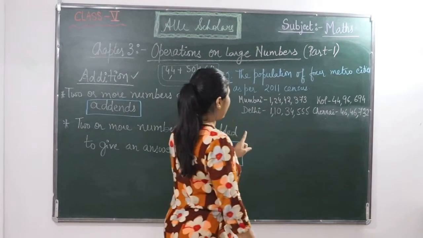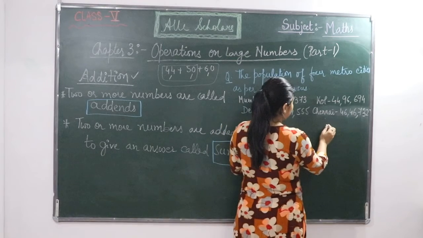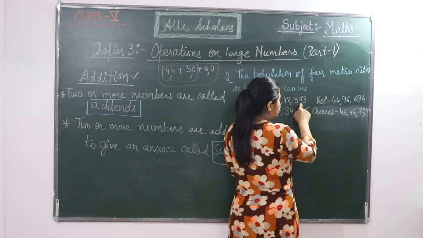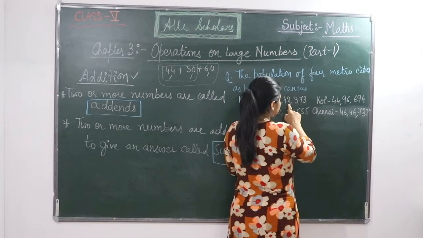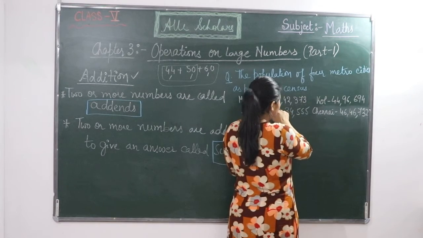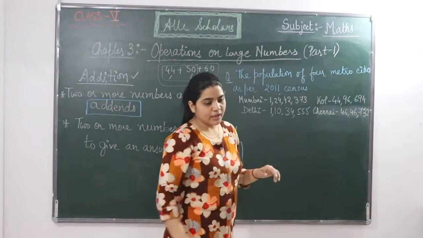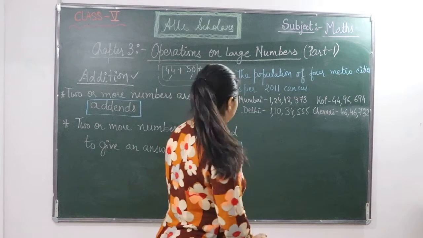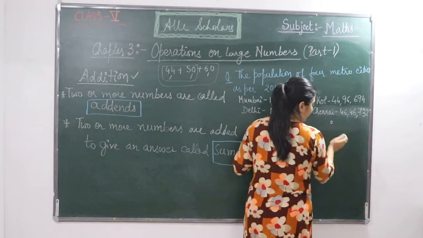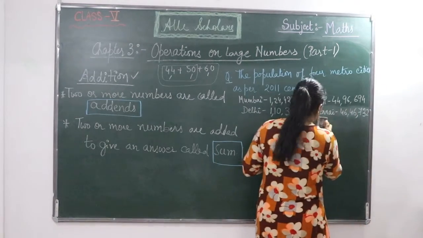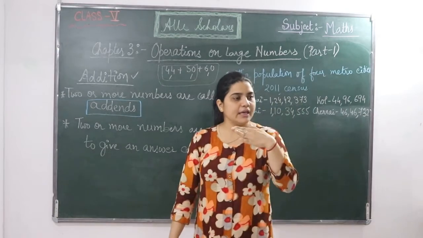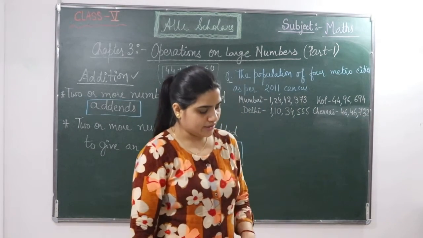Firstly, we will label all these numbers as ones, tens, hundreds, thousands, ten thousands, lakh, ten lakh and crore. Like this we have to label it. We will start from the leftmost side and write them in a vertical line.